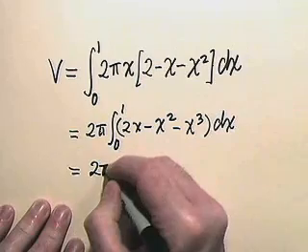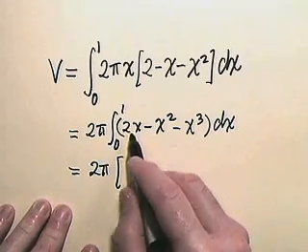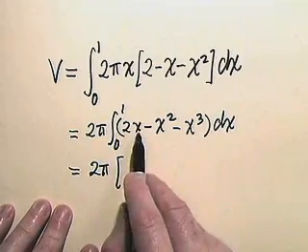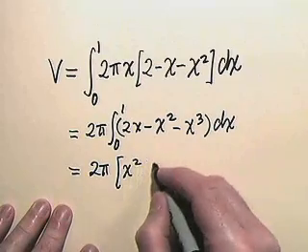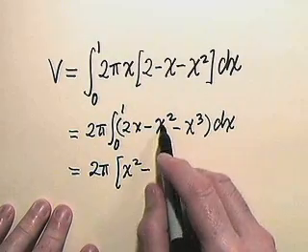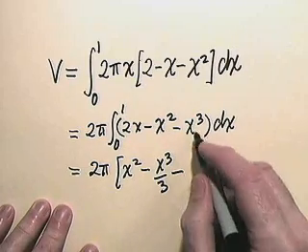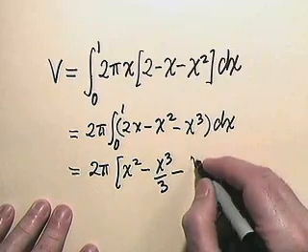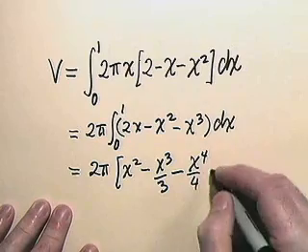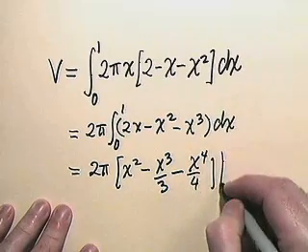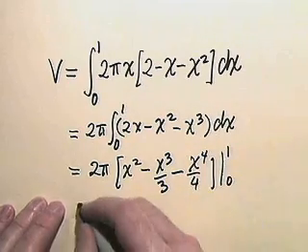So 2 pi times the antiderivative: 2x is x squared. Antiderivative of x squared is x cubed over 3, minus the antiderivative of x cubed, which is x to the 4th over 4. And that's to be evaluated from 0 to 1.